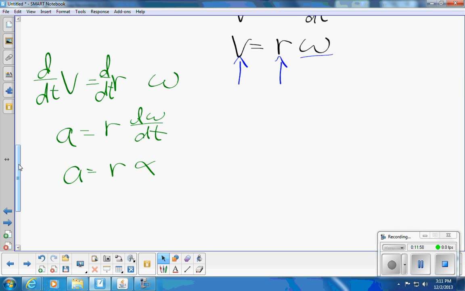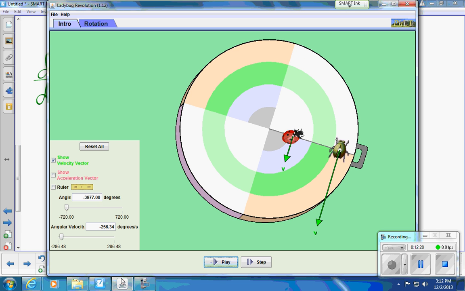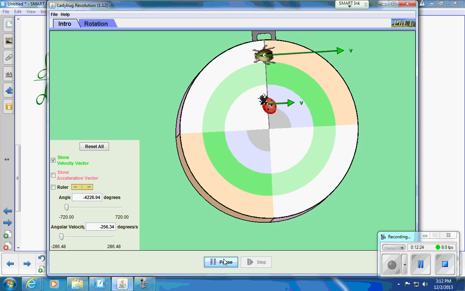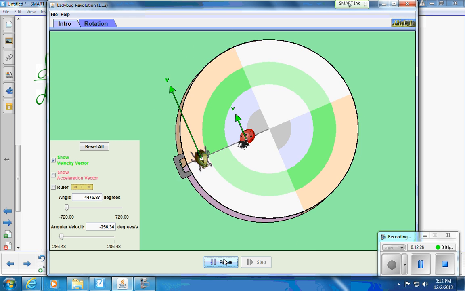Here we have to be careful, because in fact, I'm going to show you a conundrum. This says that you only have a linear acceleration measured in meters per second squared if you have an angular acceleration. Having an angular acceleration means that you're rotating faster and faster or slower and slower. If I look back at this record player, I have this simulation going so that the record player is turning at a constant rate, a constant angular velocity.